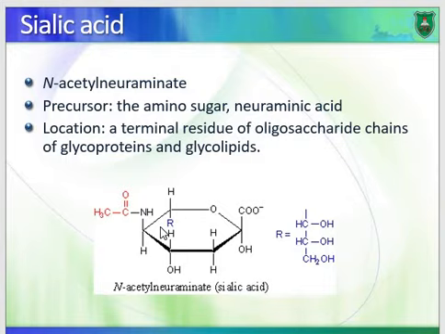This one is important as a residue or as a sugar that is present in the oligosaccharide chain of glycoproteins and glycolipids. So the glycoproteins and glycolipids have a group of sugars. It's not just one sugar or monosaccharide. They share, and specifically the glycolipids, they share the presence of this sialic acid, specifically at the terminal position.